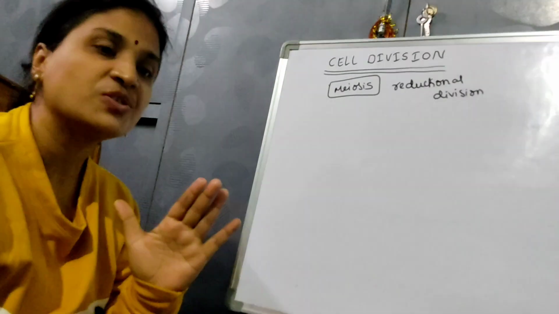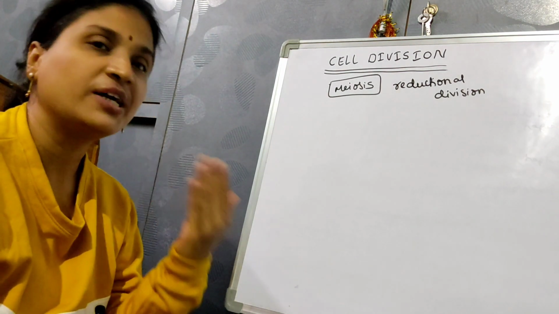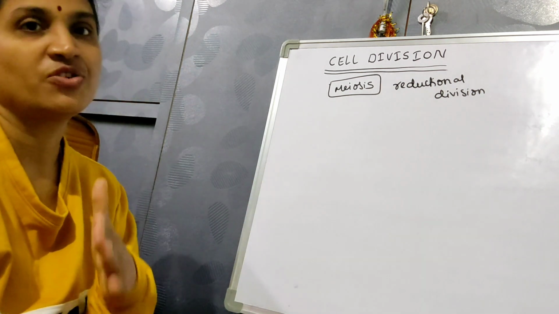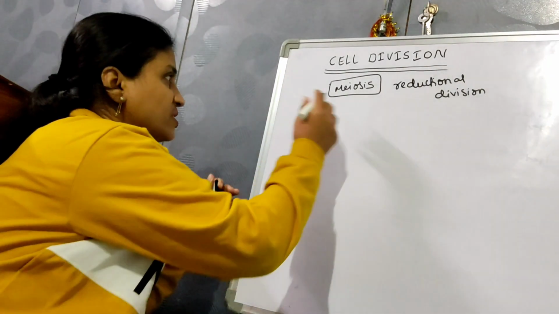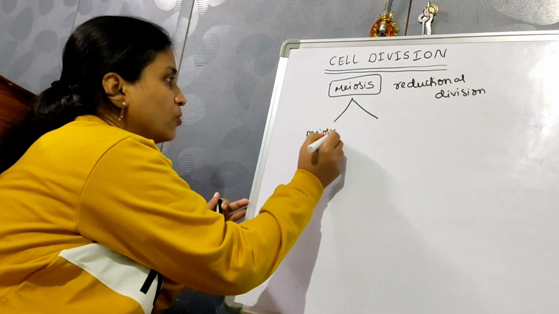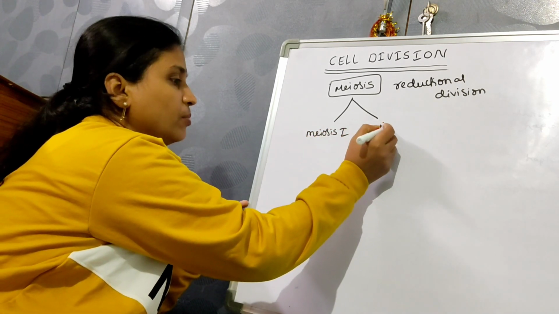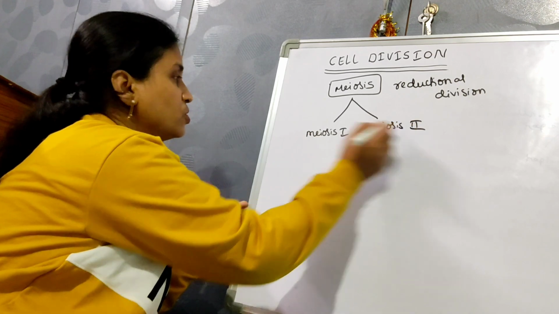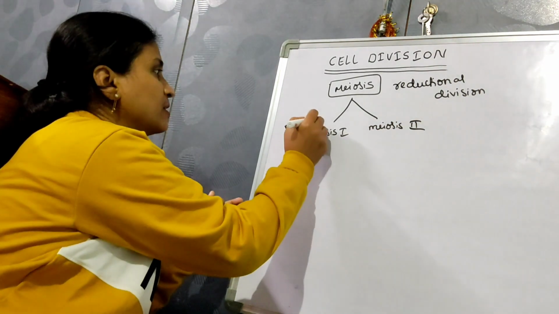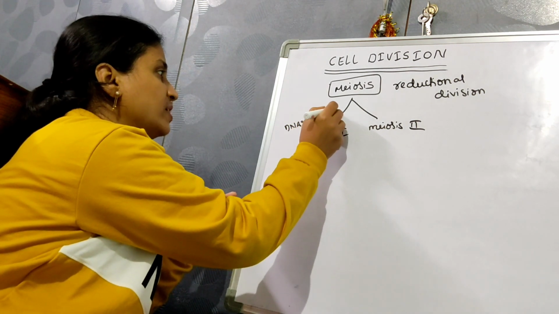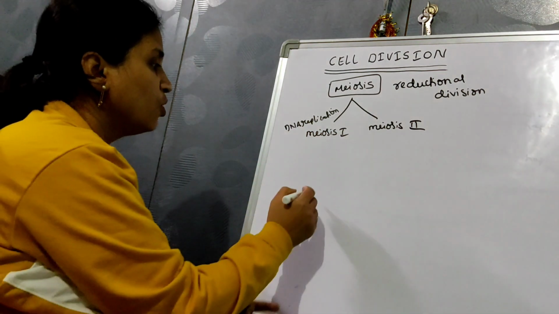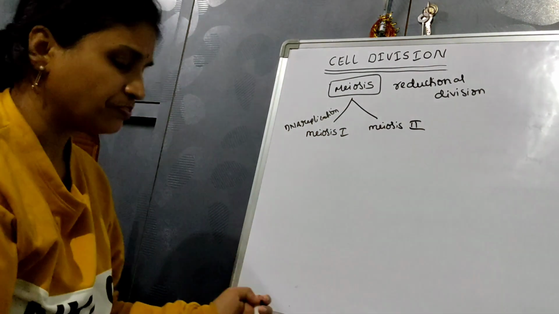At the starting of meiosis 1, the replication of the DNA takes place, only one time. As a result, by the end of these two divisions, four haploid cells will be present.